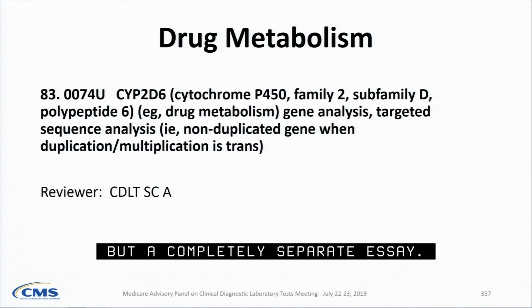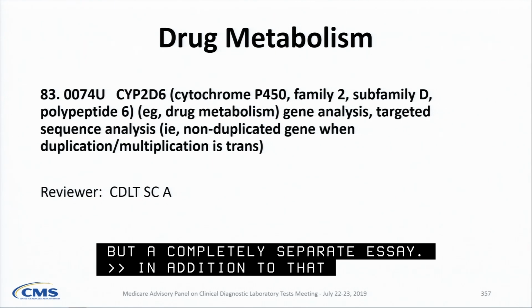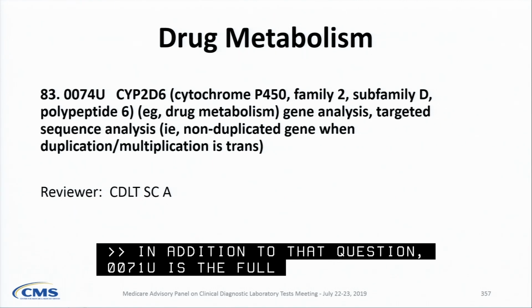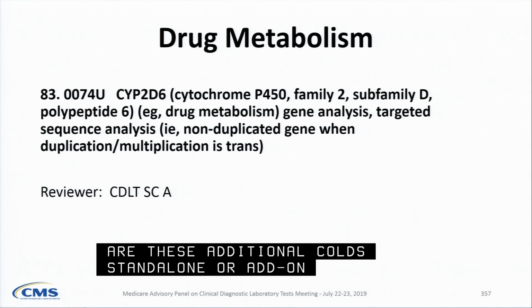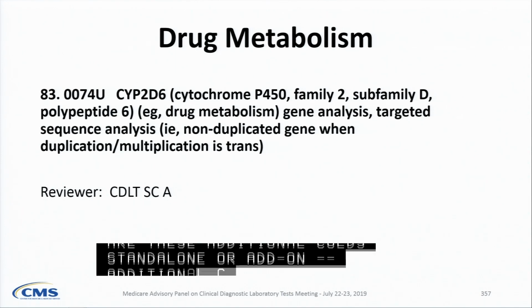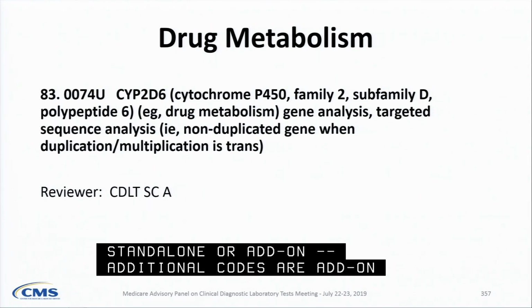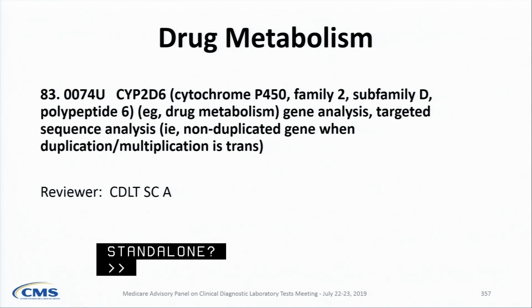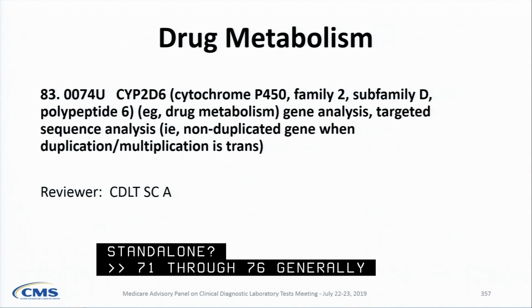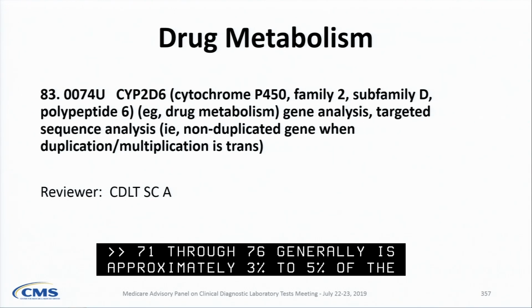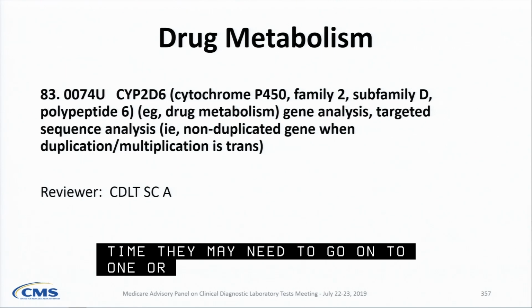I guess in addition to that question, 0071U is the full gene sequence analysis. Are these additional codes standalone, or are they add-on to the first one? These codes are add-on to 0070U, and so 71 through 76, generally, approximately 3 to 5% of the time, they may need to go on to one or more of these 71 through 76U sequences.